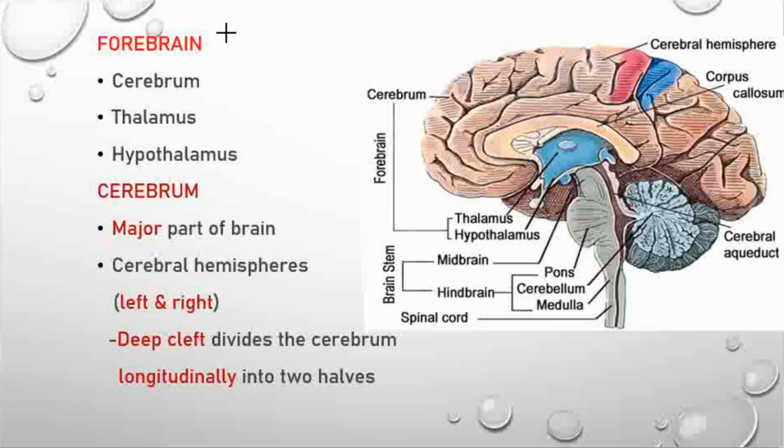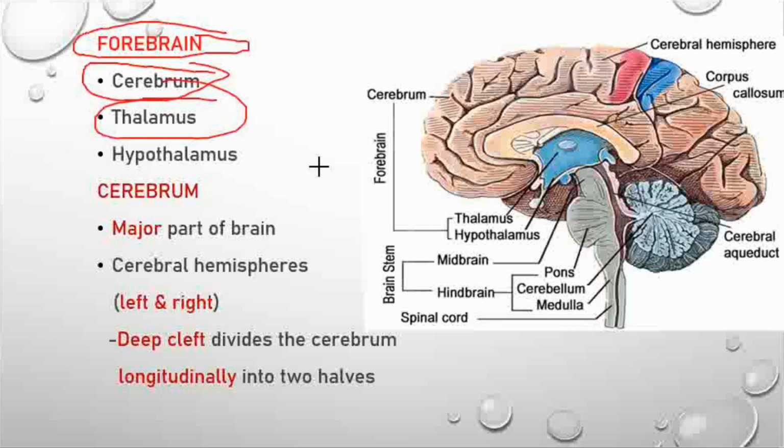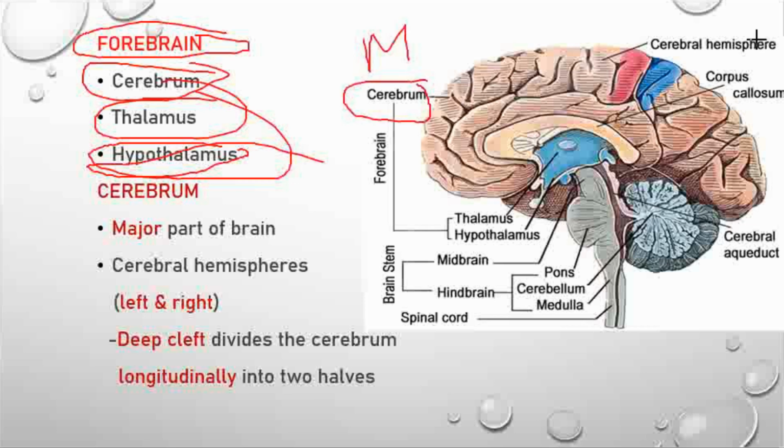So in forebrain, in the anterior portion of our brain la, we have the parts as cerebrum, thalamus and the hypothalamus. So these are the parts of the forebrain. So cerebrum forms the major part of the human brain actually. In the anterior portion la, the cerebrum forms the major part, and you can see the cerebral hemisphere here.